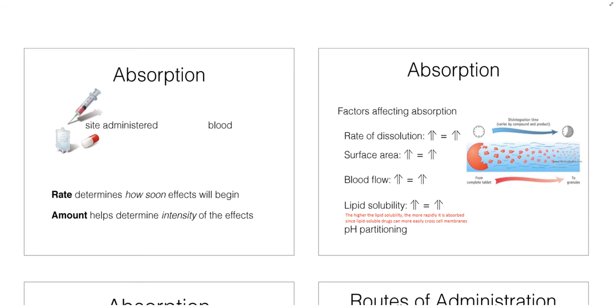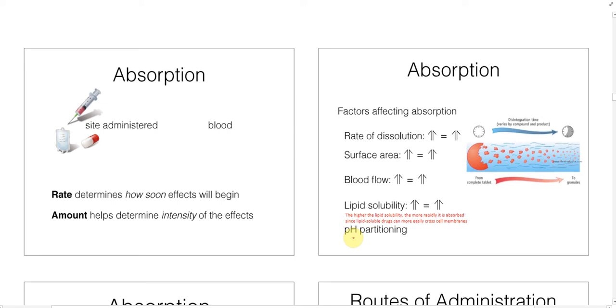If the area through which this chemical is absorbing has a high level of blood flow, that blood flow is going to be giving the opportunity for the drug to continuously dump into the bloodstream and rush its way to wherever the target site is. And a drug that is more lipid soluble is able to be more rapidly absorbed into the body, since of course lipid soluble drugs can more easily cross cell membranes.